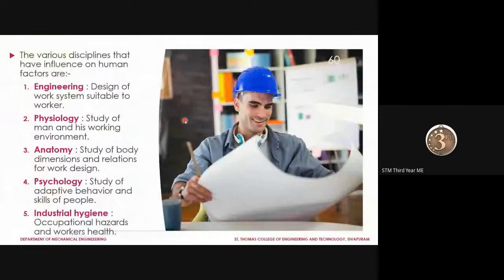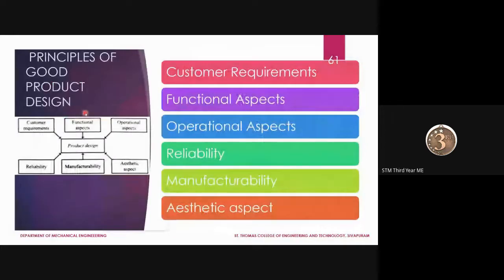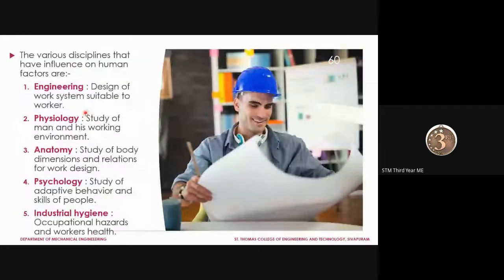Now, the various factors that influence working conditions, and the human factors that are affecting the work, are shown here. Okay, so these are some of the human factors. You have seen a question in the model question paper about some of the human factors that are affecting work.